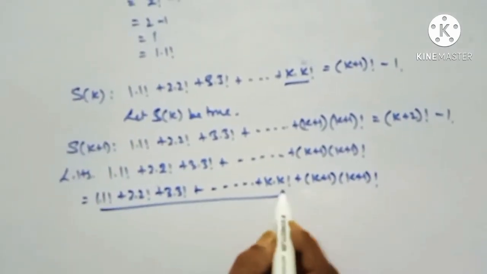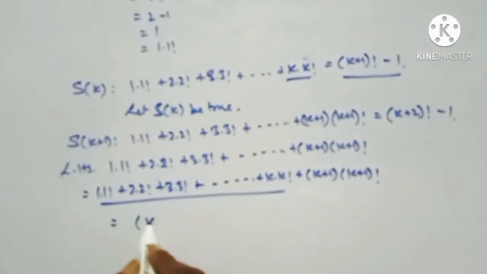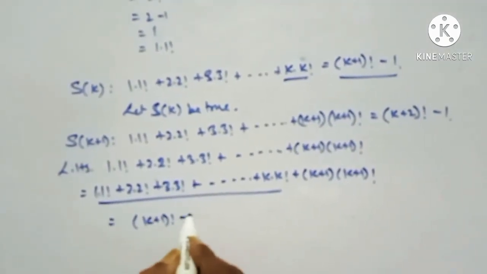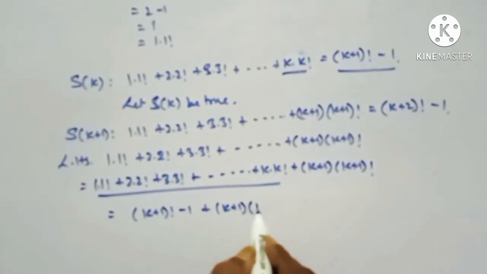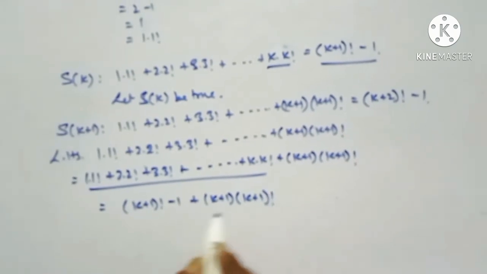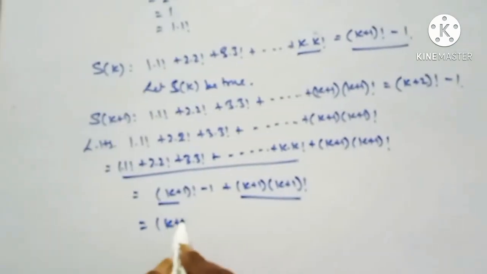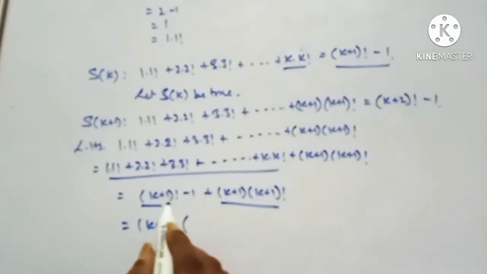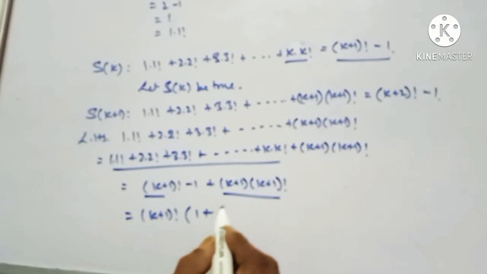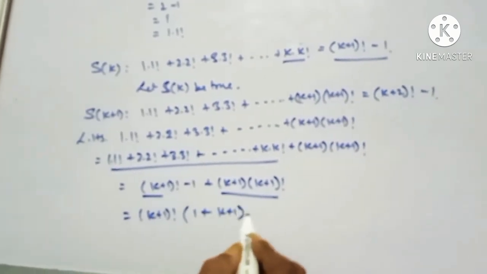Now the value of this is this. So this can be written as (k plus 1) factorial minus 1 plus (k plus 1) into (k plus 1) factorial. Now here between these two terms, (k plus 1) factorial is common, so here 1 is left, 1 plus, that is k plus 1, so minus 1.